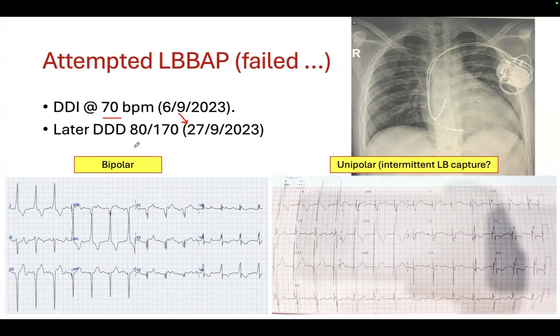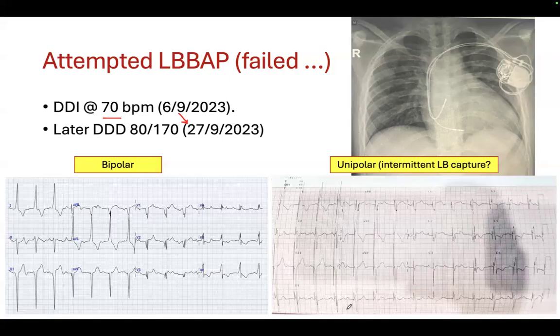Okay, probably too aggressive from our side. So this is his paced ECG when he was paced at 70 beats per minute. And then this is him when we slowly went up on his pacing rate.